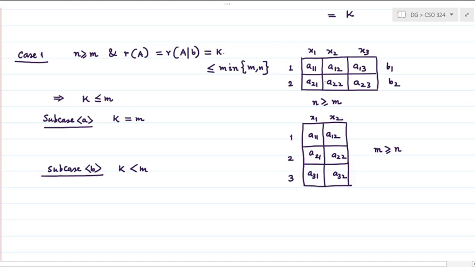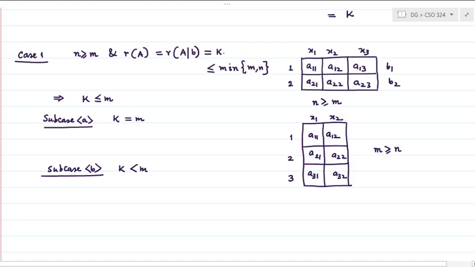And in this case, what will happen? We note that once the rank is precisely equal to the number of equations, you just assign the variable value. Let's suppose this 2 by 2 submatrix has non-zero determinant, as the rank of the matrix is equal to m.